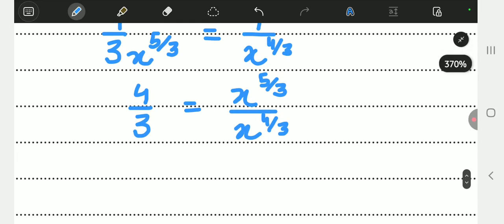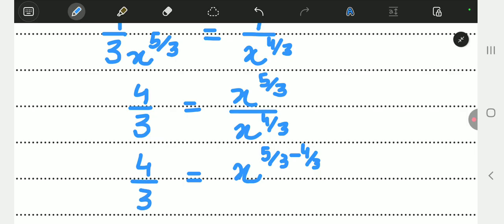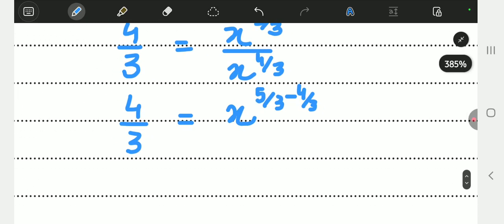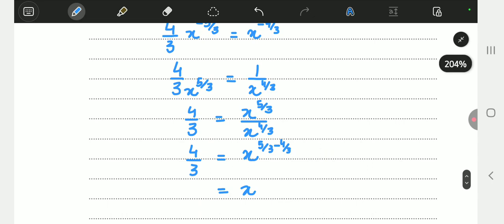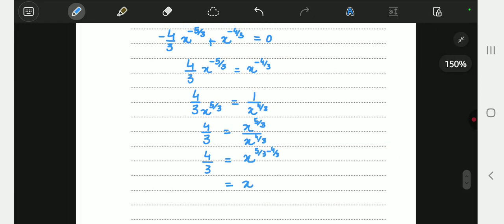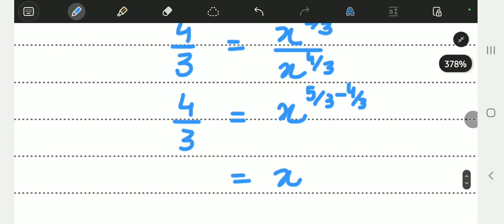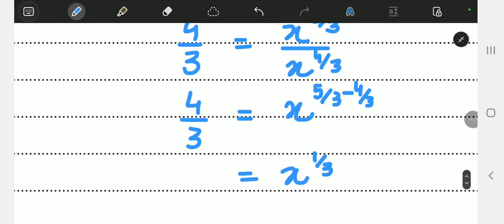There are multiple ways to solve these powers. I'm using this way, 5 over 3 minus 4 over 3. So this becomes x to the power 1 over 3, which equals 4 over 3.